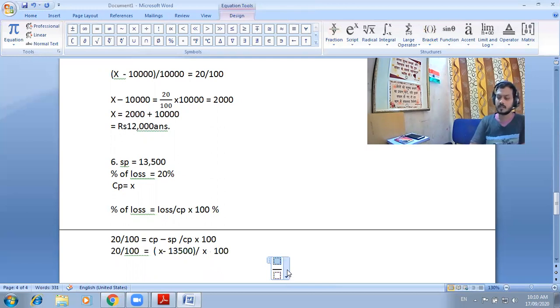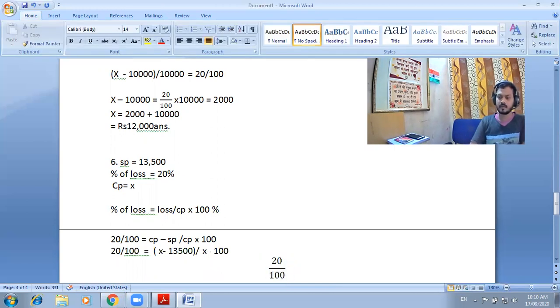See here, 20 by 100 into 100, because the denominators are converted into numerators, equal to X minus 13,500. So 100 and 100 cancel out.